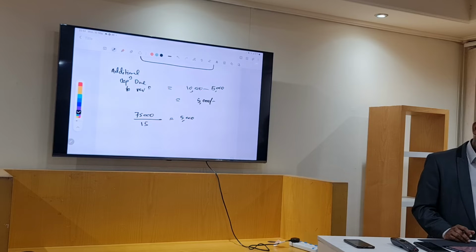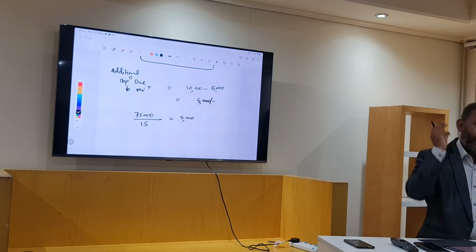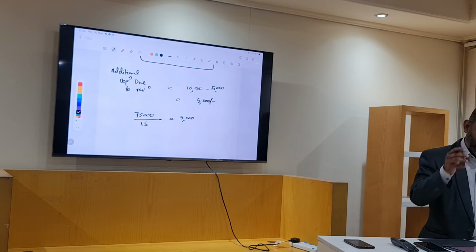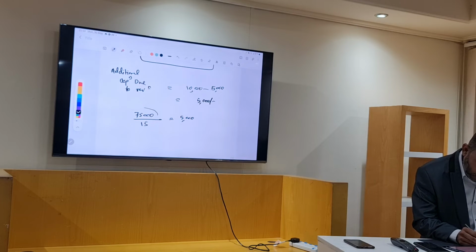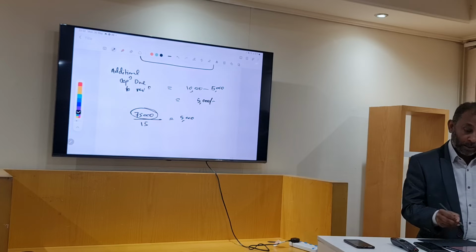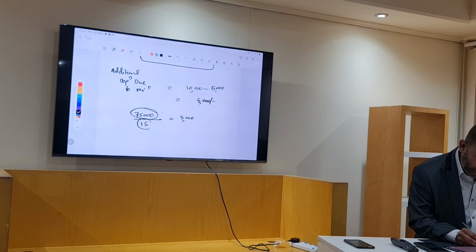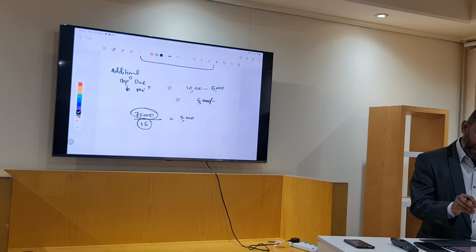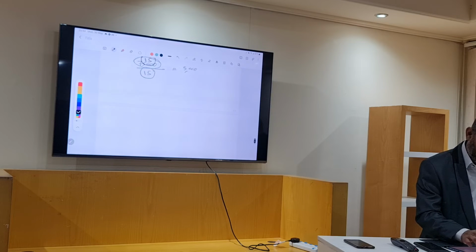From the revaluation surplus, you take every year an amount based on the revaluation surplus and the remaining life of the asset. Later we will study this.